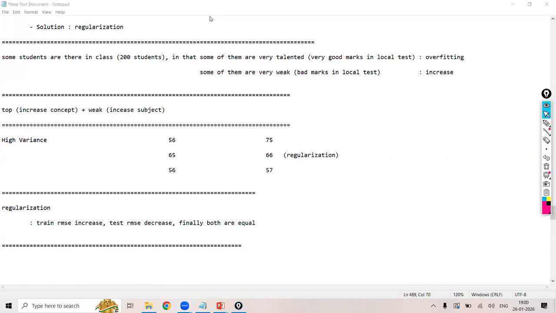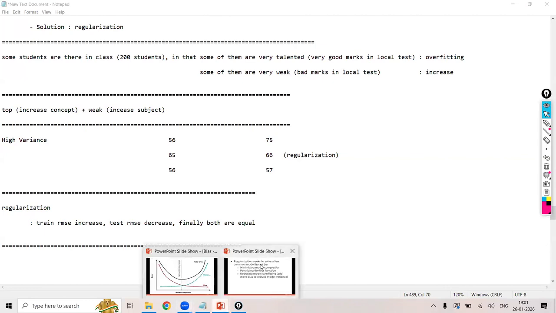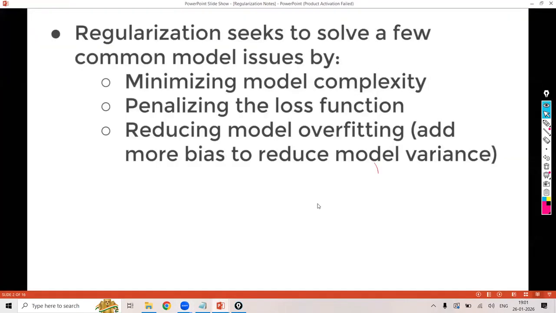Data means number of records. Regularization is not used for the underfitting problem. No, it is only used for the overfitting problem, not for underfitting.